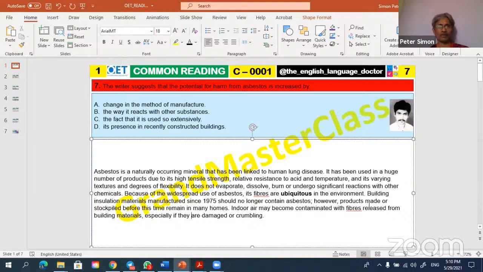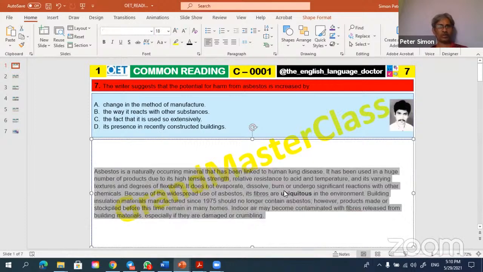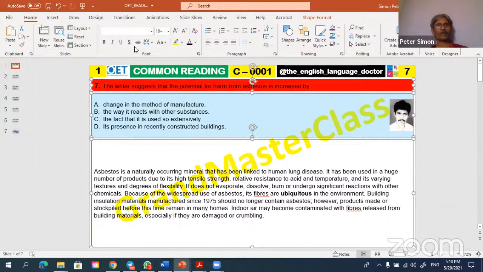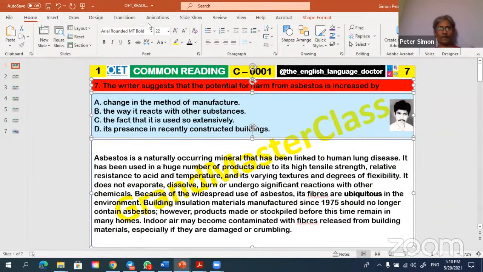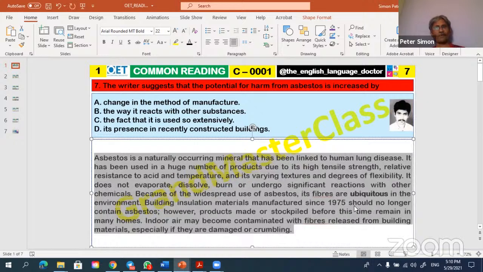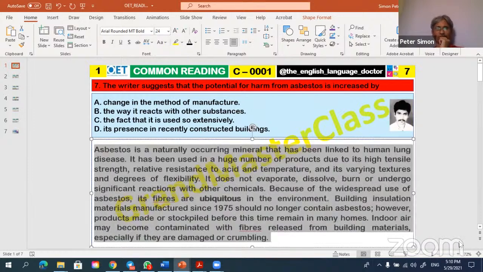So, Control A. So this will take 22, and this is Arial, bold. Okay. So now this one I have to do something. I can make it 24. That is fine. 24 is fine.